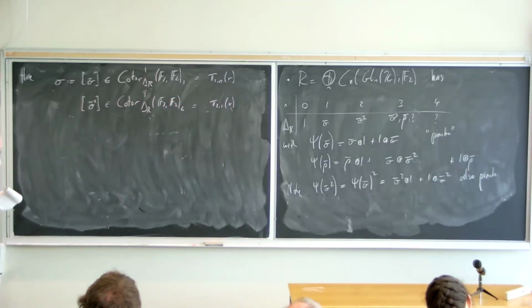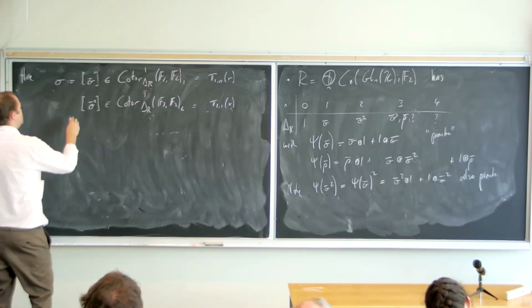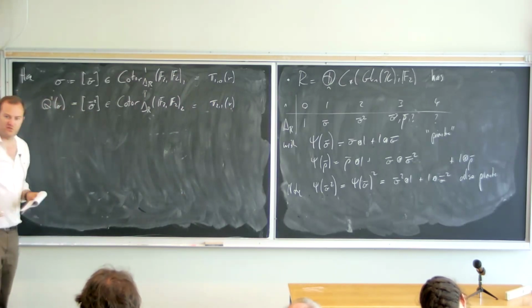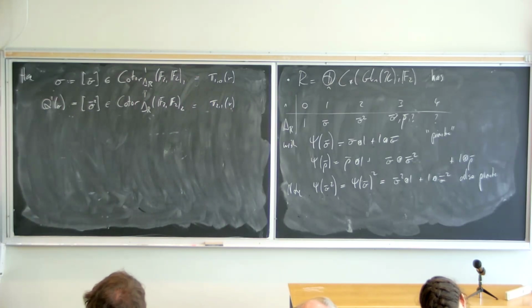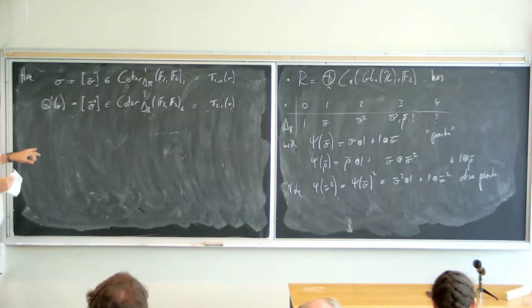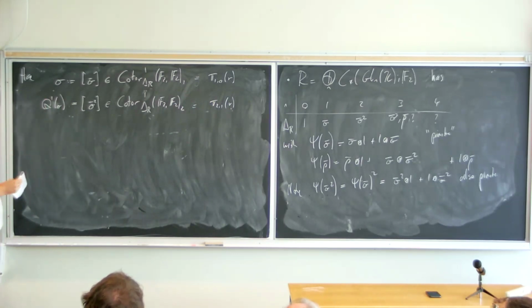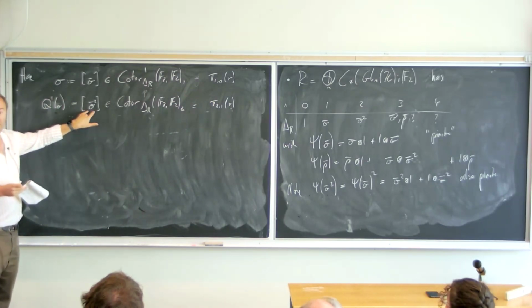If you like homology operations, and if you're doing E_k algebras, you have to like homology operations, then this is the class called Q1 of sigma. It's the first Dyer-Lashof operation applied to sigma. It might be more familiar to call it Sq lower 0, maybe is what Hopf algebra people call it, but it's the first power operation, and it just corresponds to doing the Frobenius map to the entries in the cobar complex. It is what we did here to that.